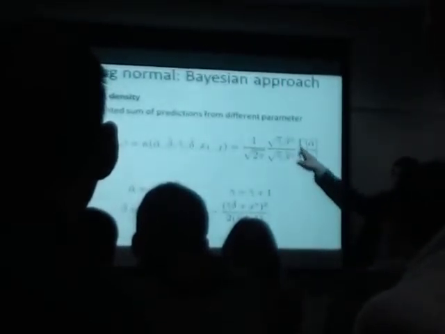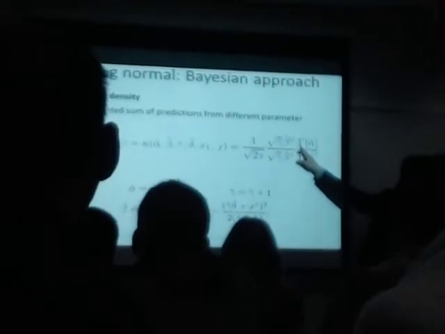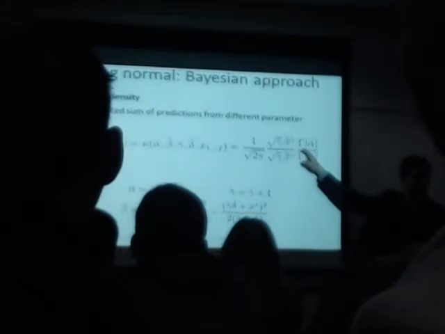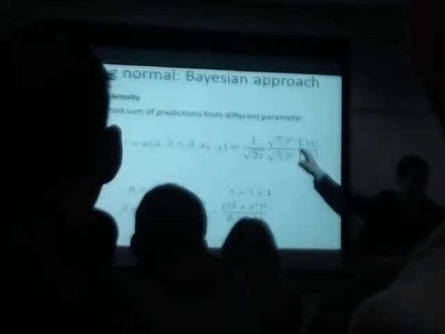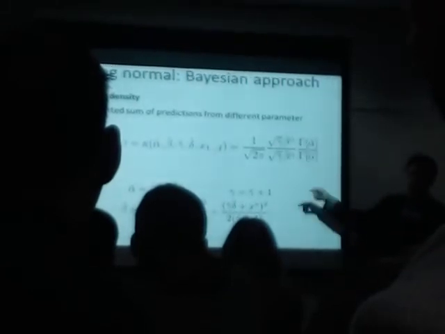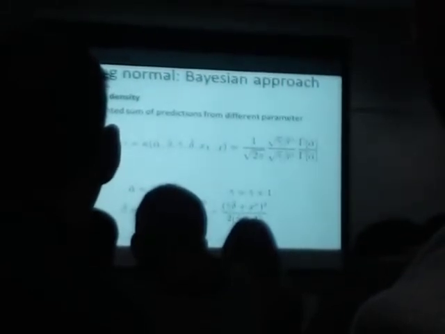Do we know what this is? This is the gamma distribution. Have you done distributions already? Okay. And the gamma distribution is the conjugate of what distribution?